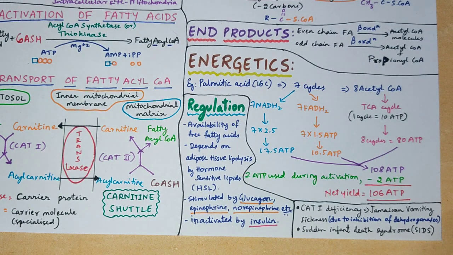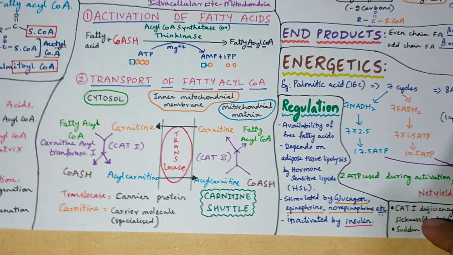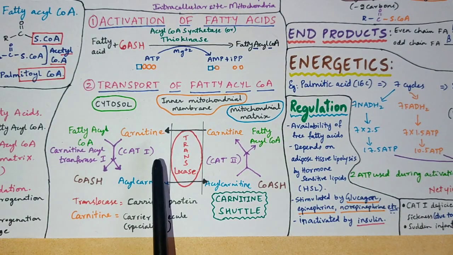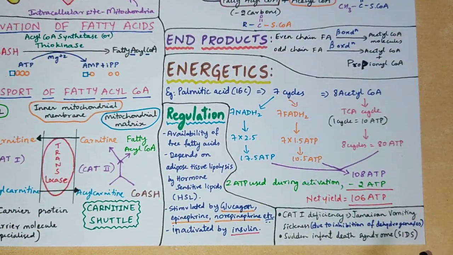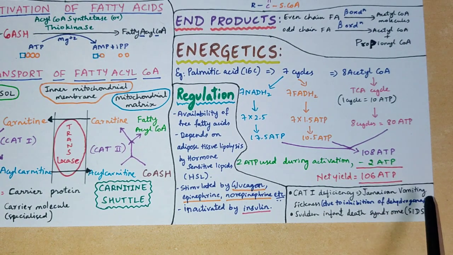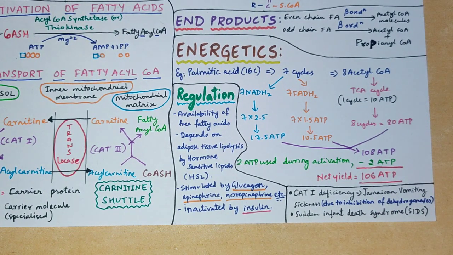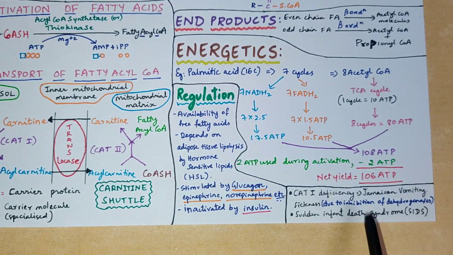So now we'll see the clinical significance of this metabolism. If something goes wrong in this metabolism, what will it lead to? First thing is, when we have CAT1 deficiency, that is carnitine acyltransferase 1 deficiency, the condition is termed Jamaican vomiting sickness, and the second condition is sudden infant death syndrome, SIDS. So these two conditions will happen when there is deficiency of dehydrogenase enzymes.